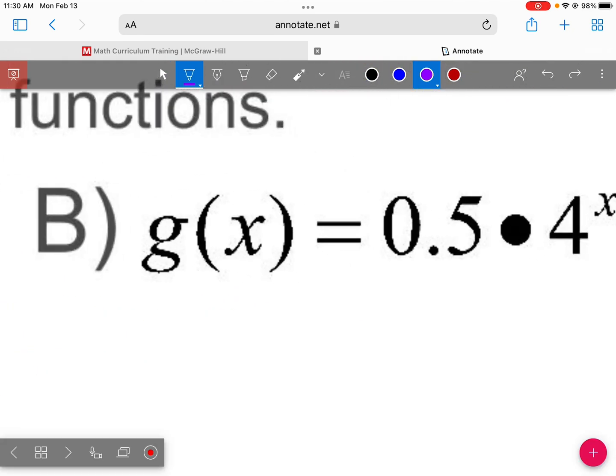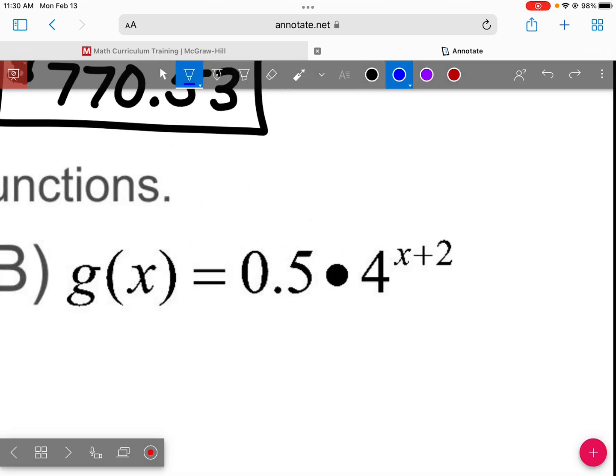If my A value is 1, that is not different from the parent. It will not stretch it, it will not compress it. If your base is a fraction or a decimal, it's not going to compress it because the base doesn't do that. The A value stretches or compresses. What does the base do? The base tells me what my parent function is.